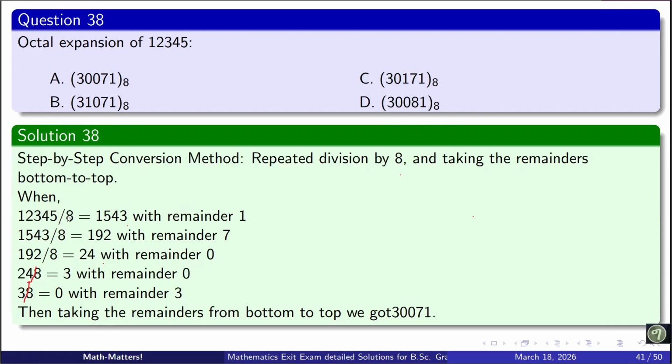Therefore, when we take only the remainders obtained at each division step, from bottom to top, we have 30071. Therefore, this is 30071. That's simply A, which will be the answer for this question.